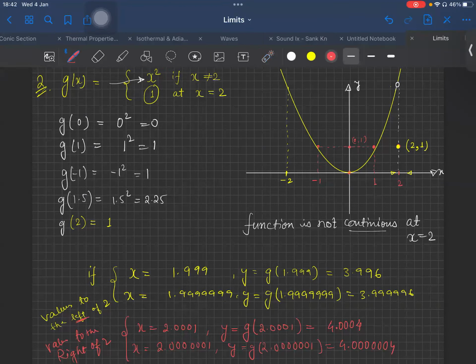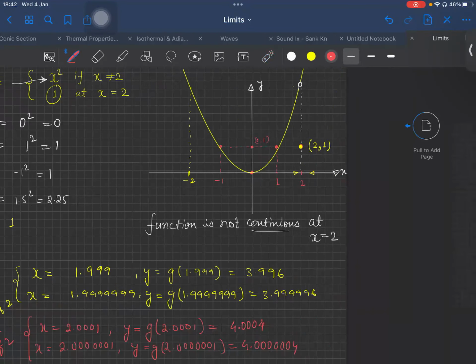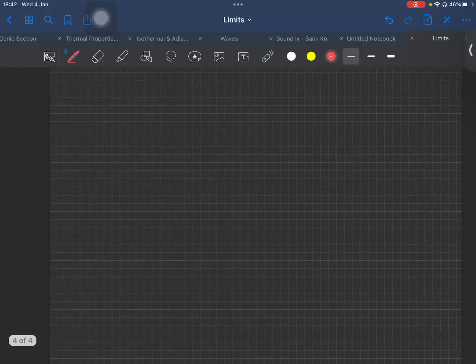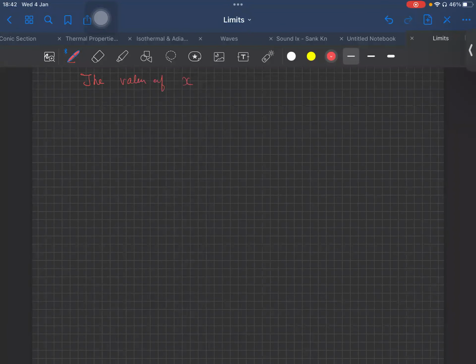Understood that point, right? That means the value of x closer to x equal to 2 approaches y equal to 4, or g of x, you can write y is equal to 4, right?